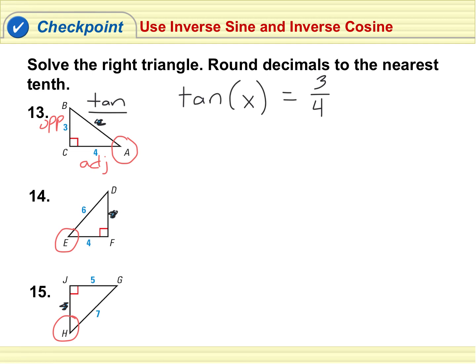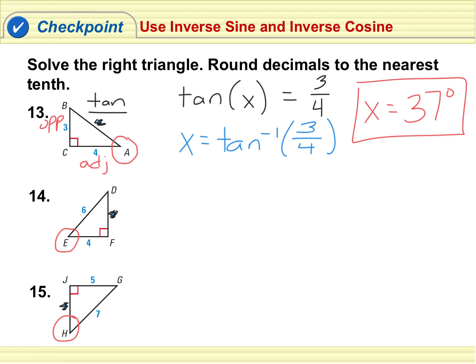I'm missing an angle. How do I find a missing angle? What do I use? Inverse. X equals tangent inverse of what? 3 over 4. Type it in. What do you get for x? Rounded to the nearest whole number, it is 37. Yep.